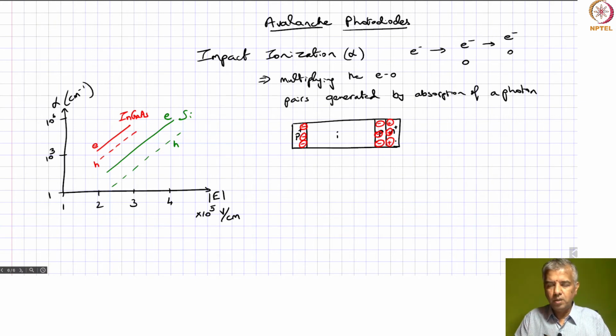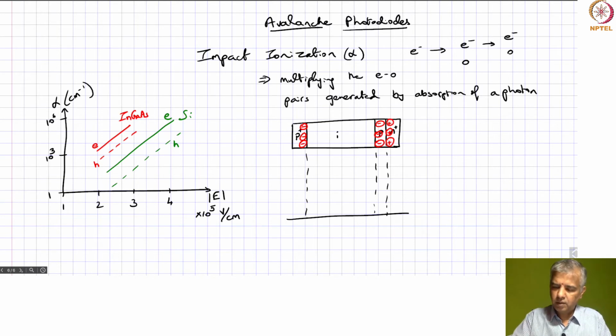Because of this, let me draw out the electric field across the structure. The electric field is going to be something like this. It's going to increase over here. This is the magnitude of the electric field, and then it's going to remain almost constant over here, and over here there is a sudden change in the charge density.